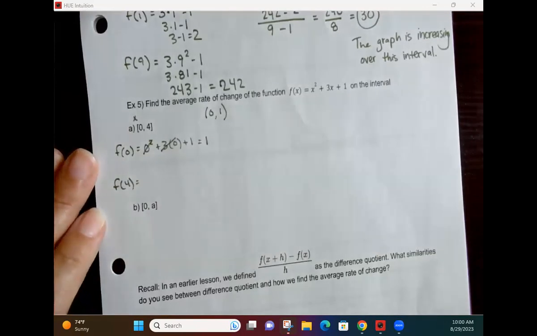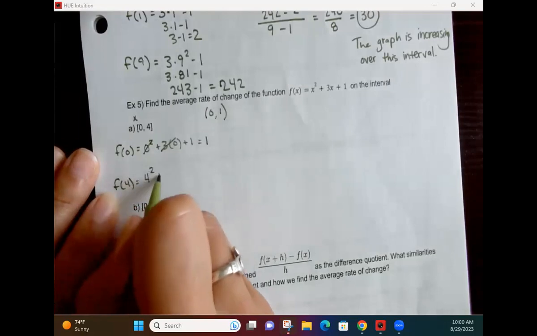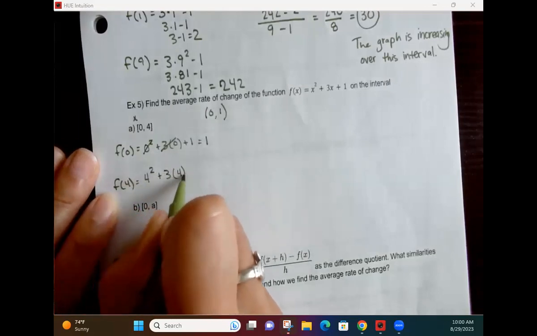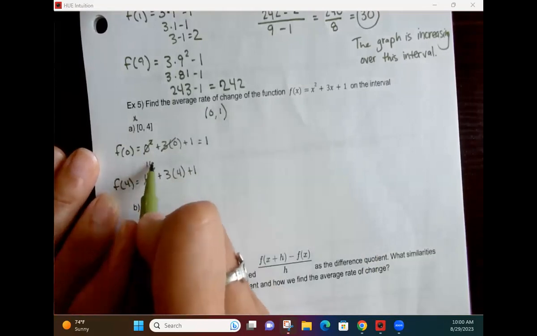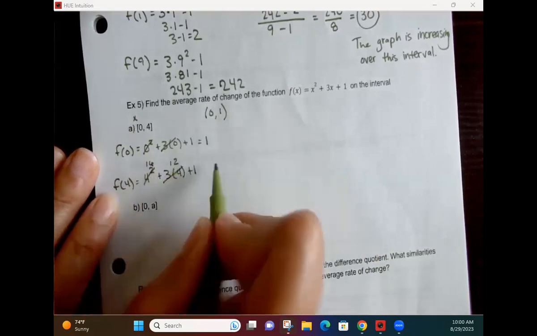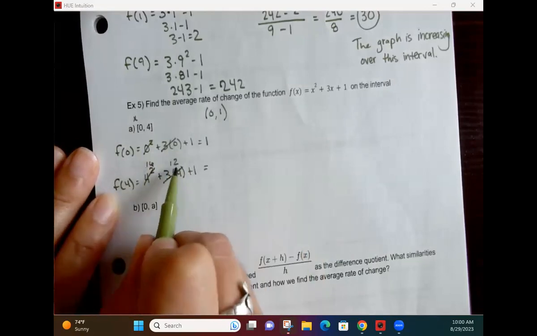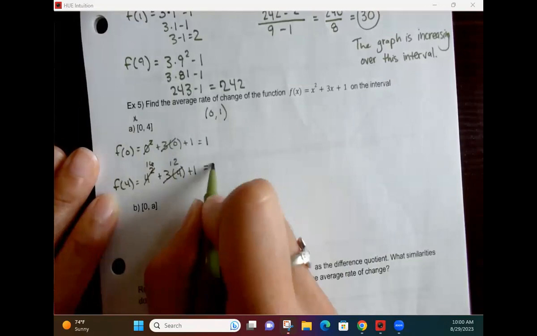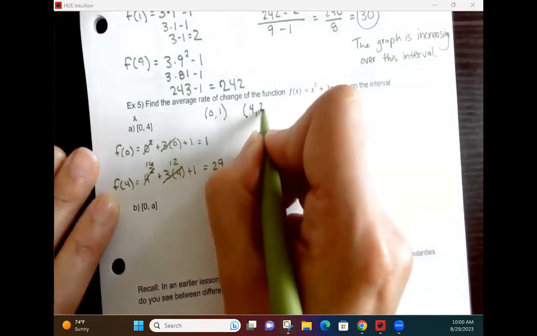And then for my second point, I have to find f of 4. So that'd be 4 squared plus 3 times 4 plus 1. 4 squared is 16 plus 12 plus 1. So 16 plus 12, that'd be 28 plus 1 is 29. So I also have the point (4, 29).